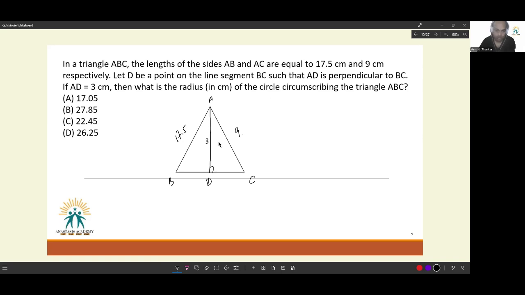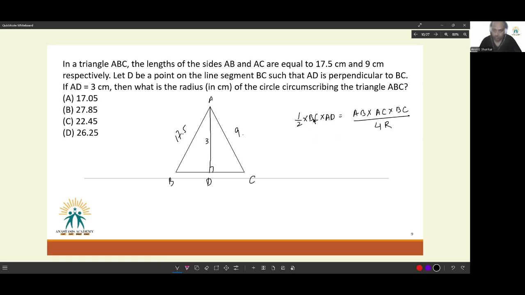Now see, area of this triangle will be half into BC into AD, and it will also be equal to AB into AC into BC by 4R.